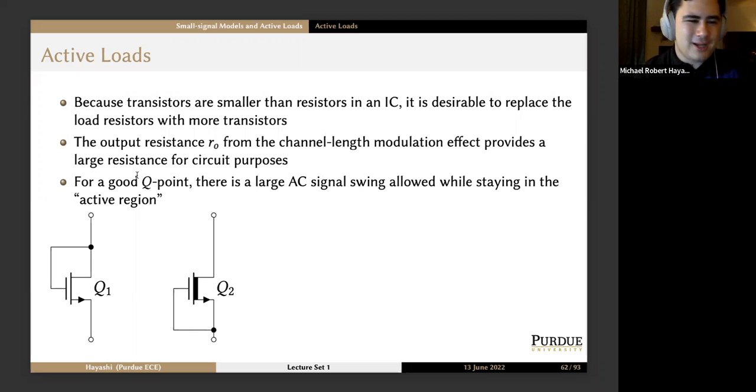And here are two ways you can create an active load. The first should be familiar as the diode connected transistor. This is an enhancement type NMOS transistor. If we use a depletion type NMOS transistor, we can connect the gate to the source instead. And since there's a channel implanted, even though the gate to source voltage is 0, there's still a way for current to flow down through this device.